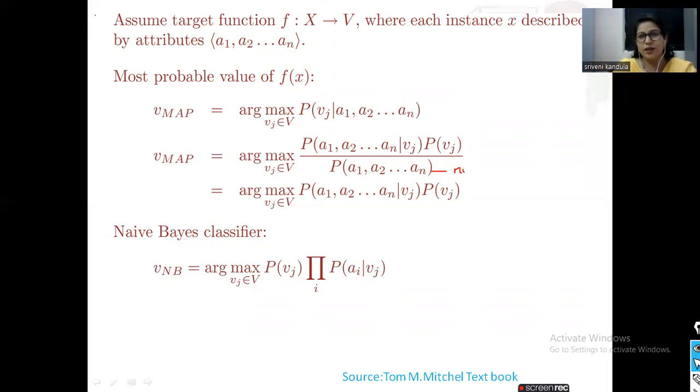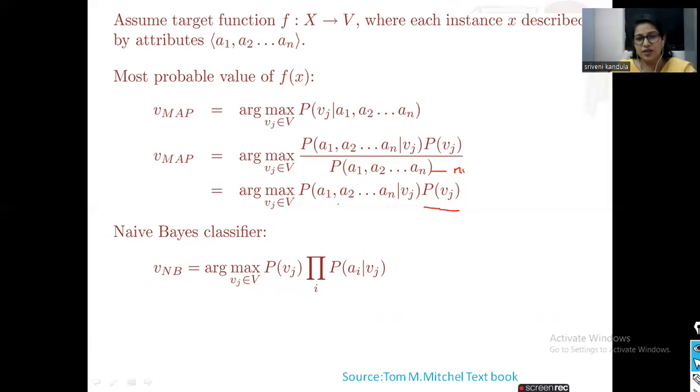We are focusing mainly on the numerator, based on which the classification values will differ a lot. So the Naive Bayes classifier we express simply as argmax over Vj belonging to V of P of Vj, which I have brought to the front, and the product over i of P of Ai given Vj.